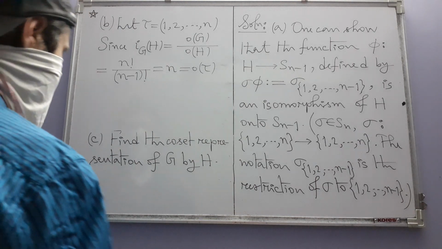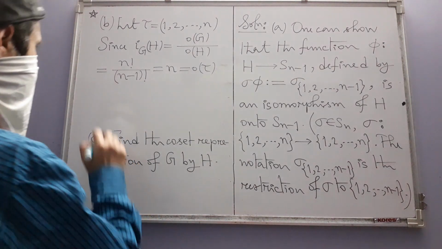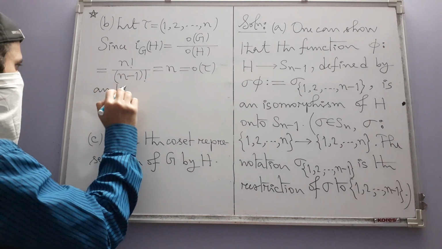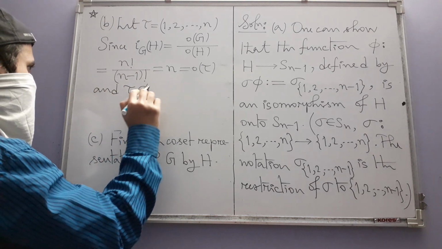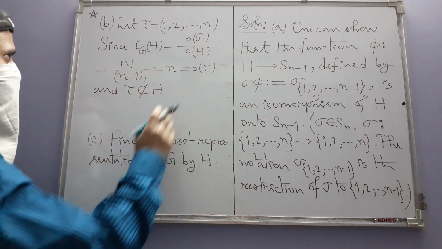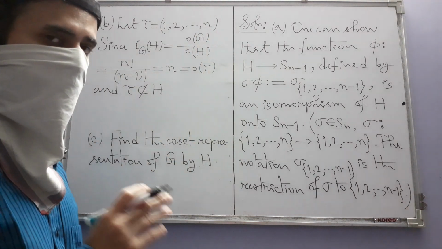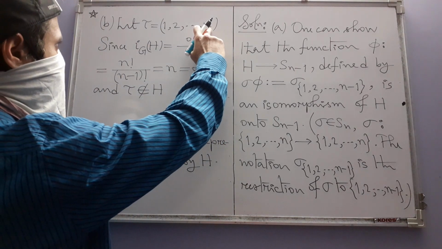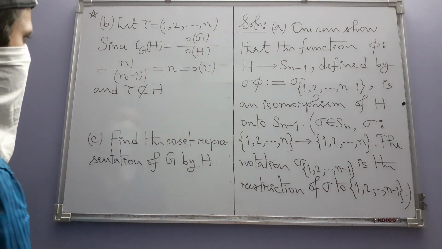So since we have this, and tau itself does not belong to H. Why? Because tau changes n. Tau does not keep n fixed, it maps n to 1.